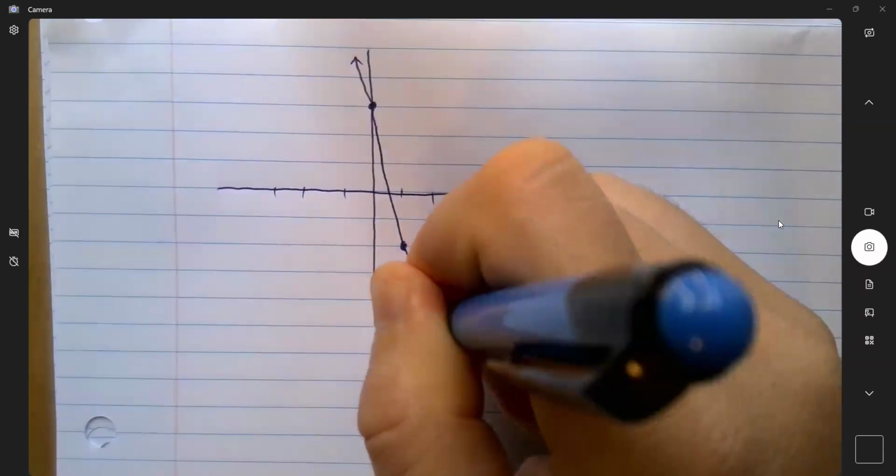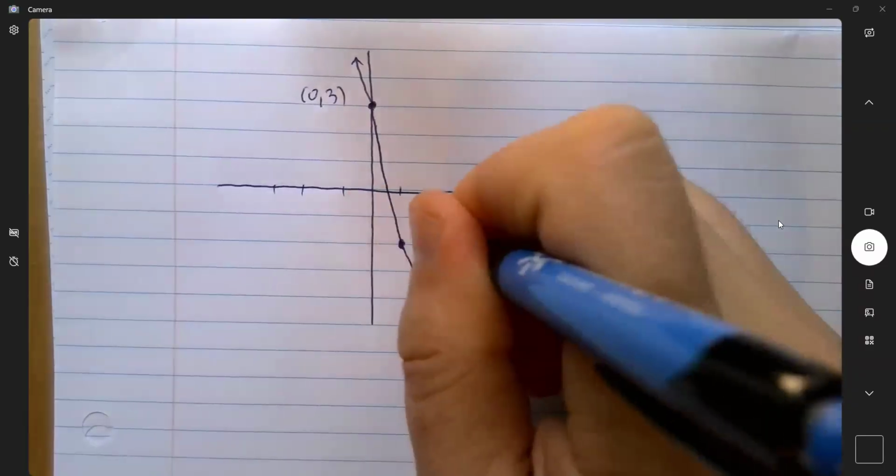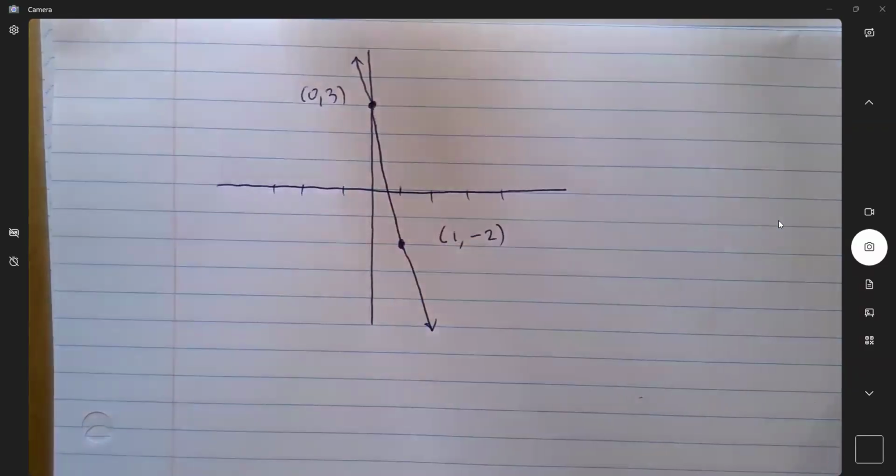This point right here is (0, 3), and this point right here is (1, -2).